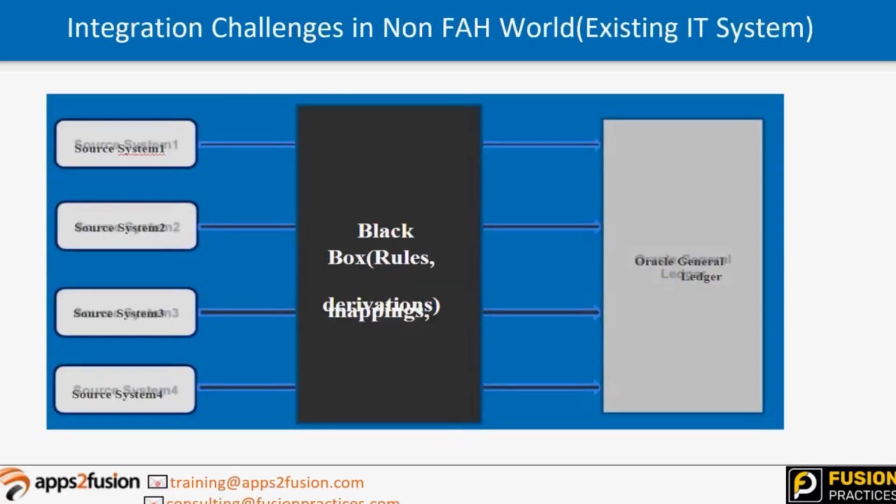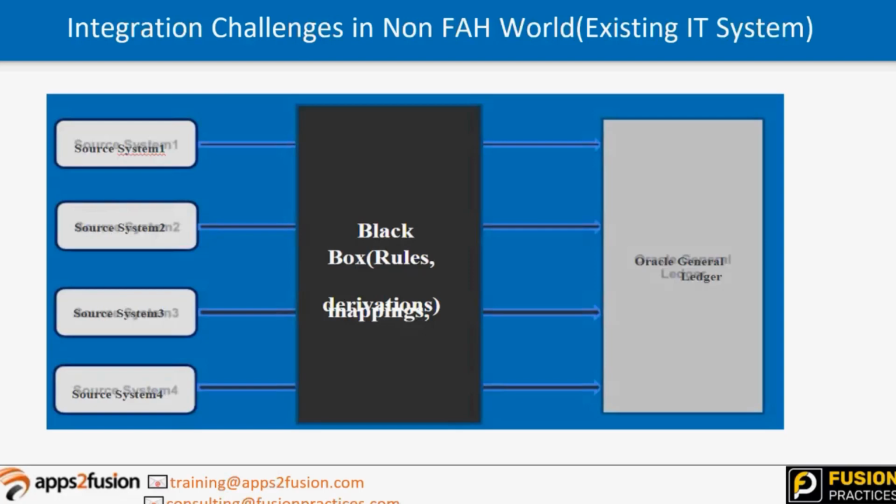Like for example, in a traditional system, where there is a non-FAH world, you have integration challenges. You have multiple source systems sending the data to Oracle GL or maybe any other GL. And you have certain accounting derivation logics that have been written in between your integrations. So it is like a complete black box for the business users.